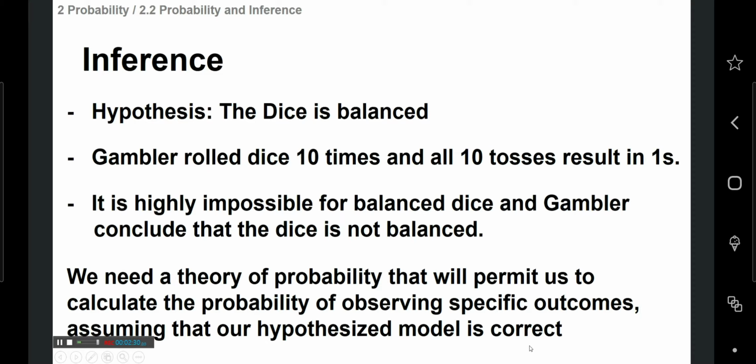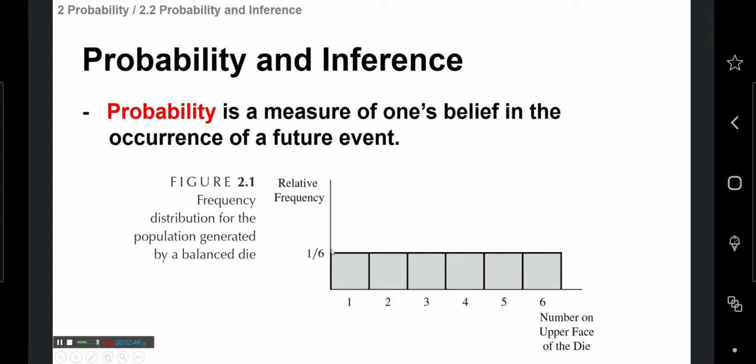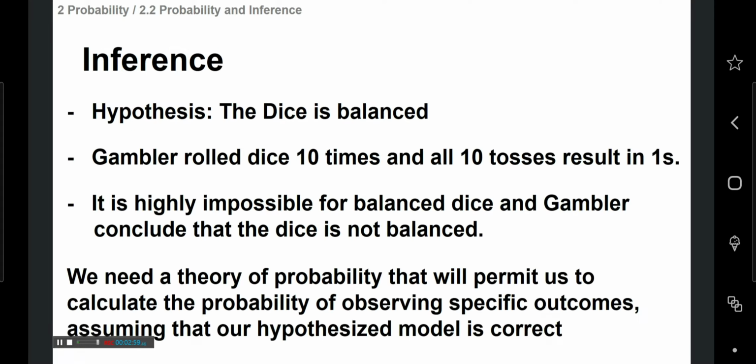Okay, so what does it mean? Assume our hypothesized model is correct, which is the dice is balanced, which means for each event the probability is 1 over 6. And we observed 1 all 10 times, which is 1 over 6 to the 10th.